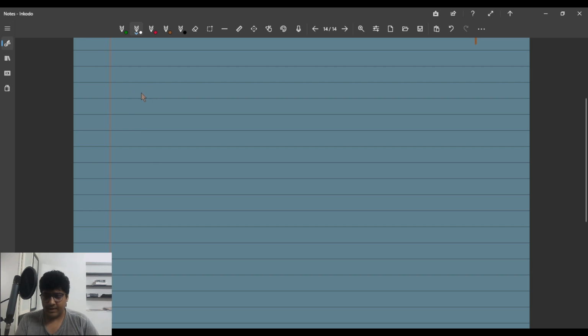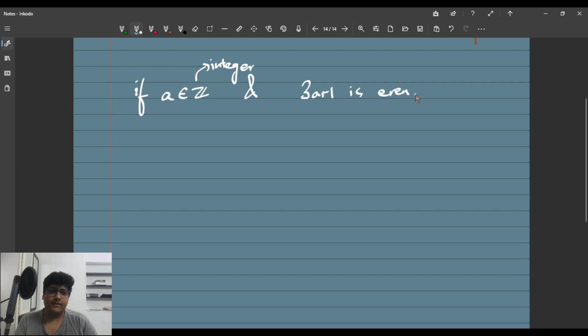So the first statement I'd like to write is: if a belongs to Z, which means if a is an integer, Z is a symbol that I often use for integers, the script Z, and 3a plus 1 is even, then a is odd.